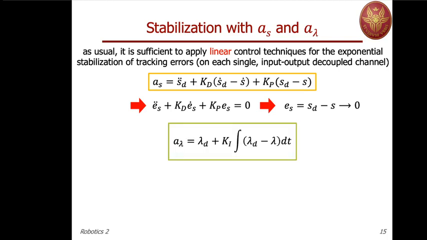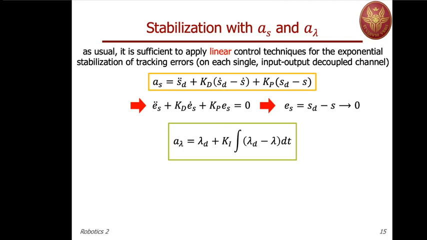Same story for the algebraic loop. And we will choose this, which deserves some comment, this control loop as the desired parameter lambda desired, which specifies in fact the contact forces and moments, plus an integral term on the error between lambda desired and the actual lambda.